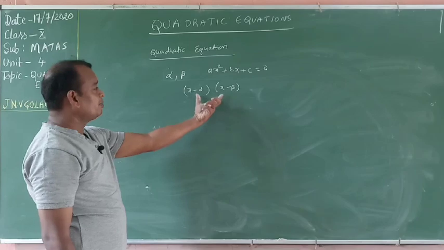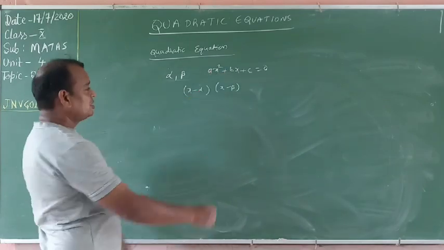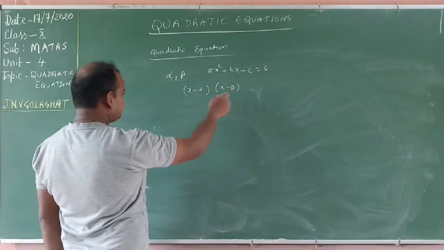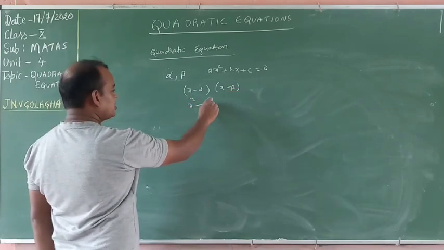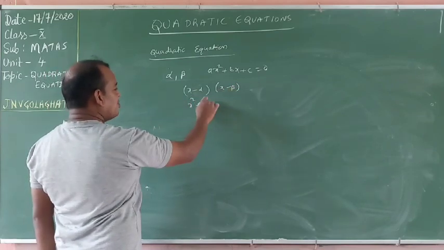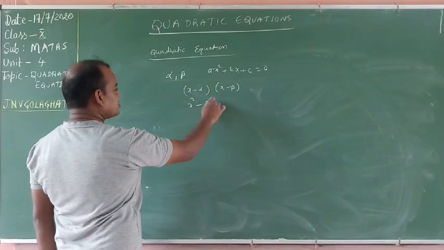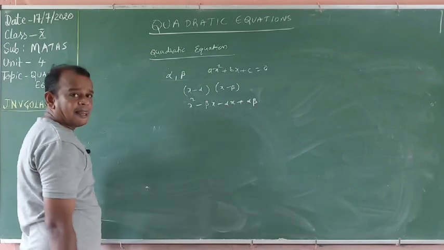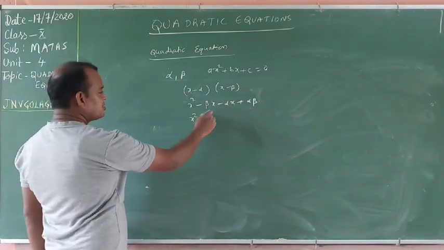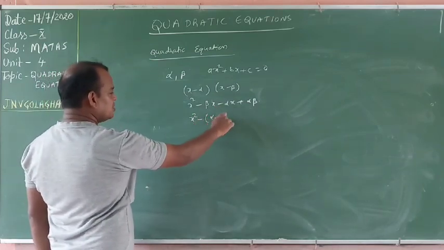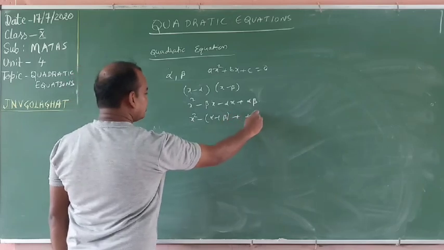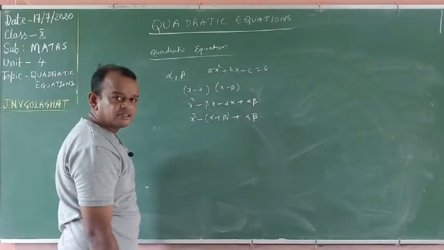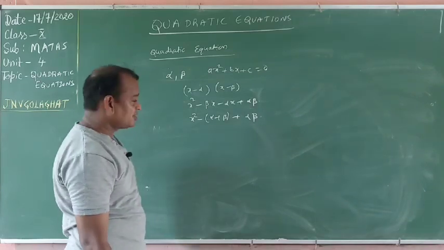We will multiply this, compulsorily we will get this. Observe that x minus alpha into x minus beta are the factors. What happened? X square minus beta x minus alpha x plus alpha into beta. Just simple multiplication. X square minus x taken common, alpha plus beta, plus alpha into beta. Understand or not? Yes.